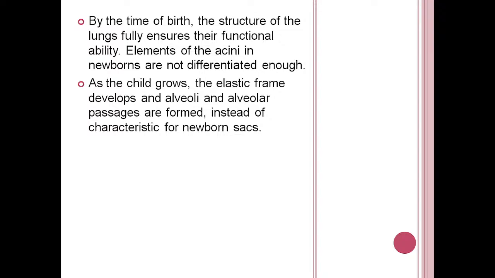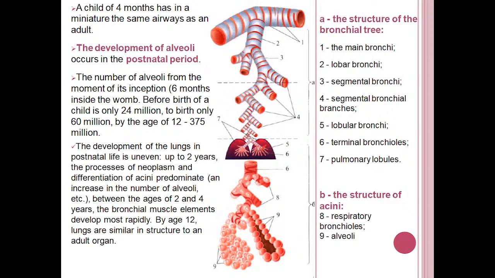As a child grows, the elastic frame develops, and alveoli and alveolar passages are formed instead of the newborn's sacs. A child of 4 months has the same airways as an adult, in miniature. I think you understand this.